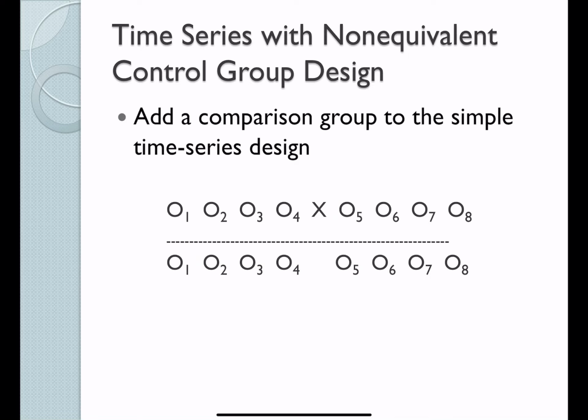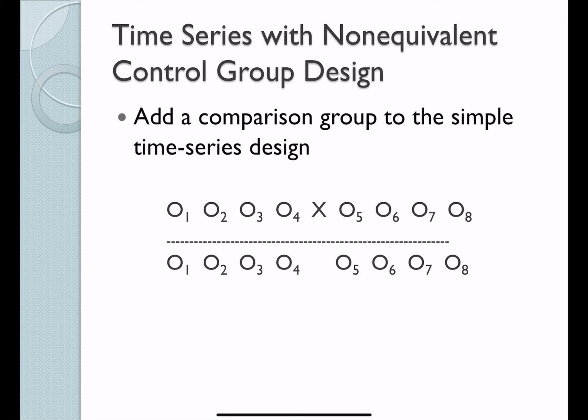Another similar design that we might use is the time series with non-equivalent control group design. So this is the same thing, but we've added a comparison group that gets measured at the same time with no intervention. Again, above the dashed line is our treatment group, where we've got multiple observations, treatment, and then multiple observations.